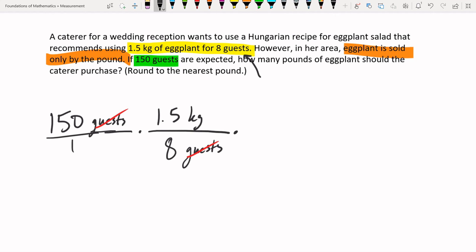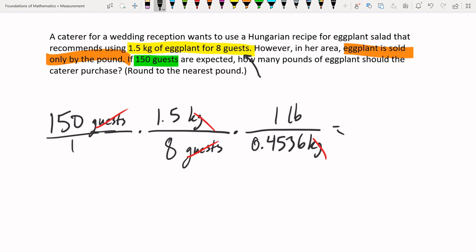All we have to do now is convert kilograms to pounds. 0.4536 kilograms is 1 pound. And you see we have pounds at the end of our unit here.